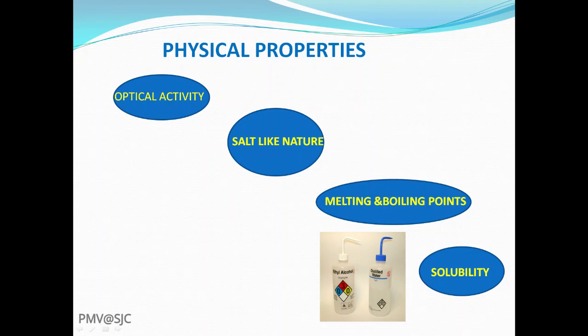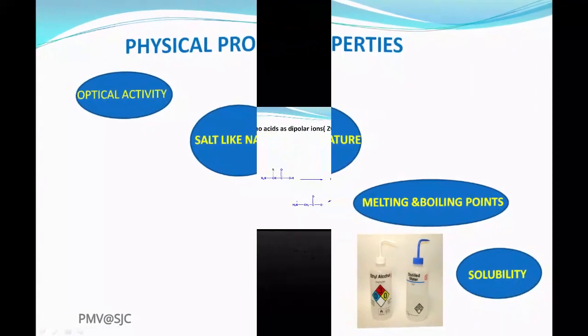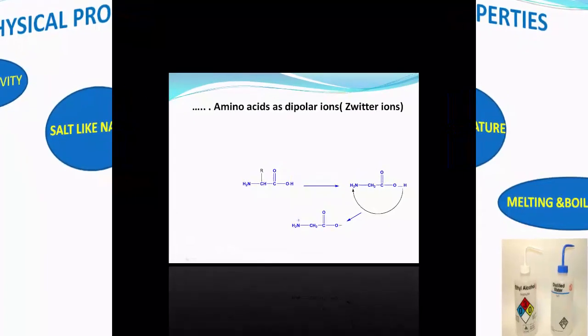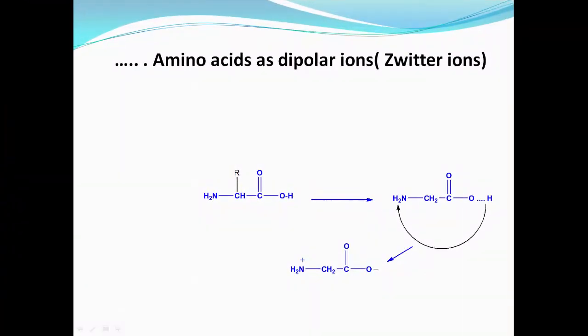They're readily soluble in polar solvents like water and alcohol, and insoluble in nonpolar solvents. Moving to the next, amino acids exhibit dipolar nature. They are represented as dipolar ions.